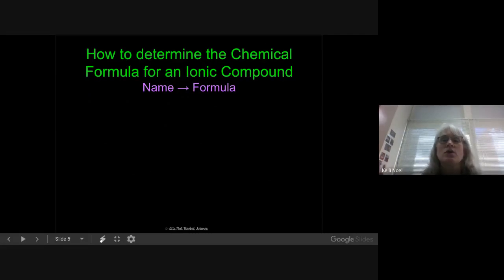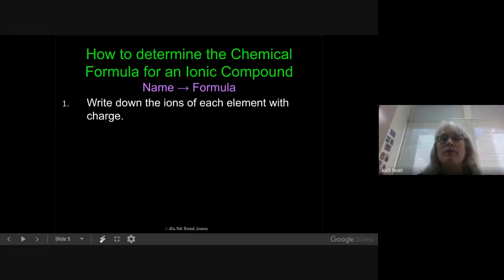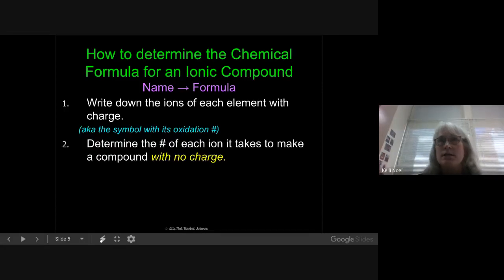All right, so how do we determine a chemical formula from an ionic compound? In other words, we're given a name and we want the formula. Step 1 is you're going to write down the ions for each element with the charge. That's why I wanted you to write the charges on your periodic table the other day. So you're going to write their symbol with the charge down. That's the oxidation number. You're going to determine the number of each ion it takes to make a compound with no charge.